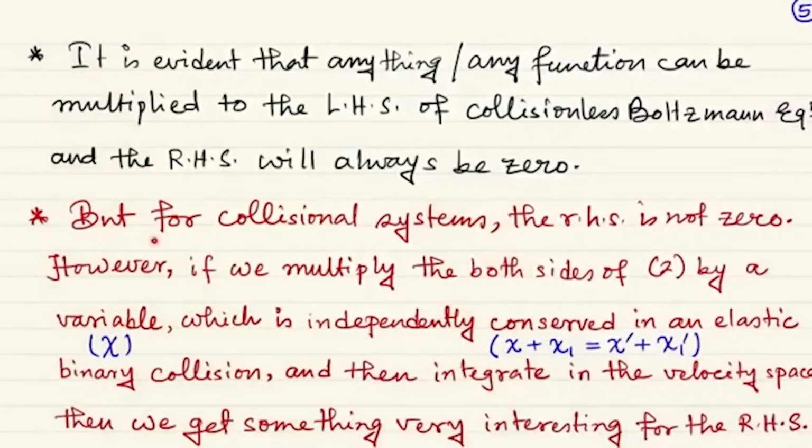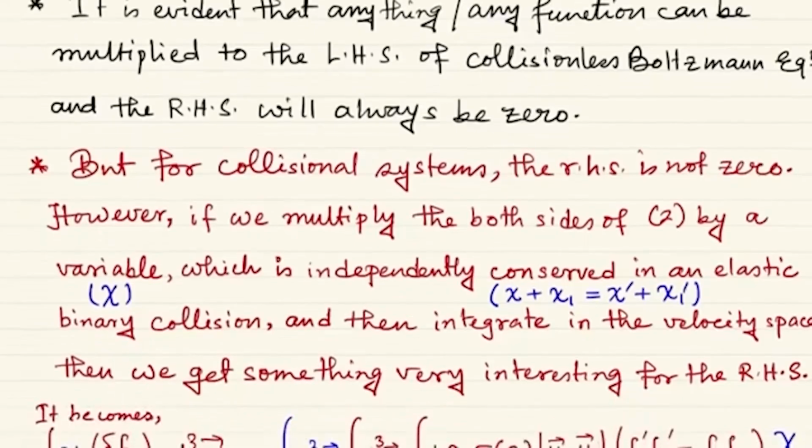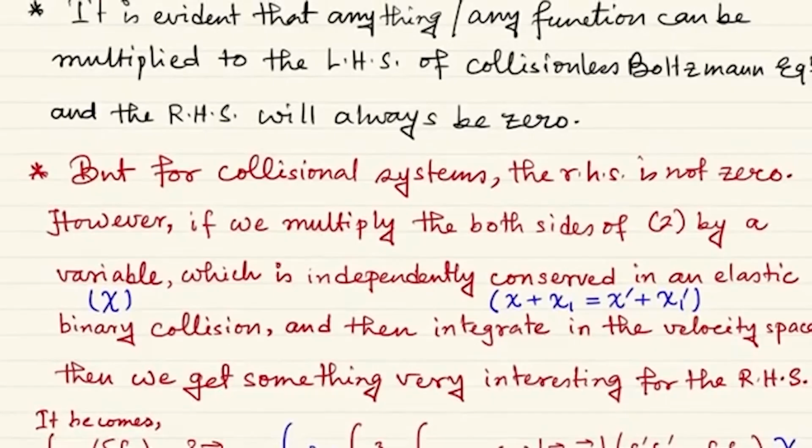So for collisional systems, the RHS is not automatically 0. However, we can multiply both sides of the collisional Boltzmann equation by a variable chi, which is an independently conserved quantity in, for example, an elastic binary collision. Even for elastic binary collisions, integrating the total collision integral is not trivial.